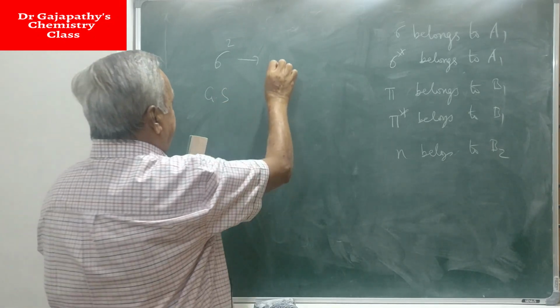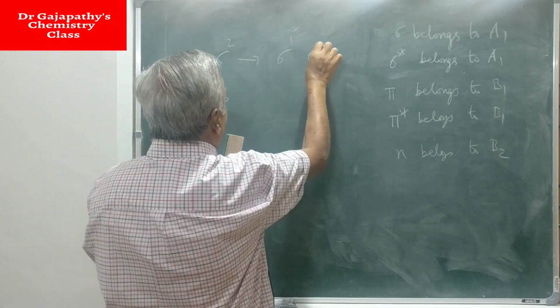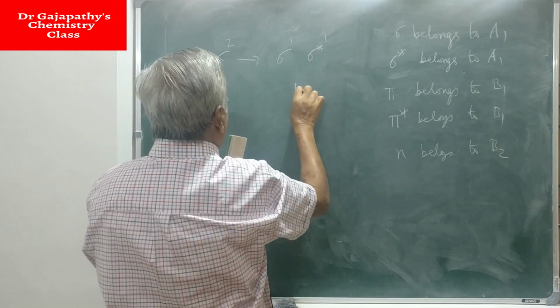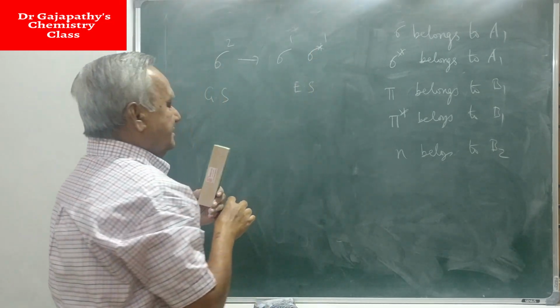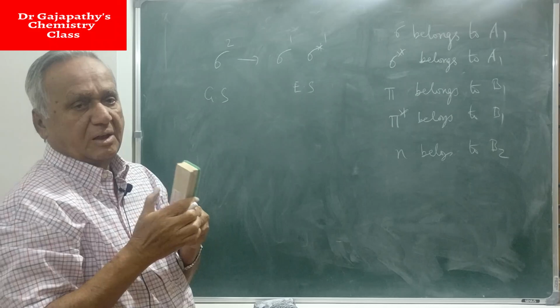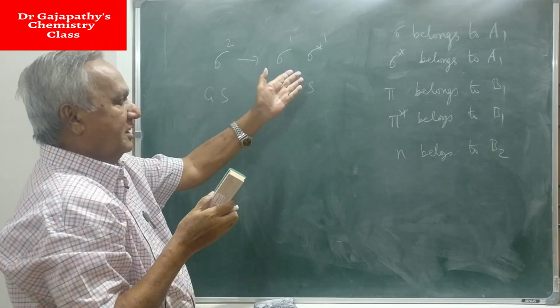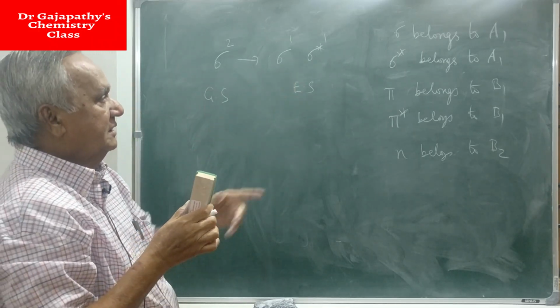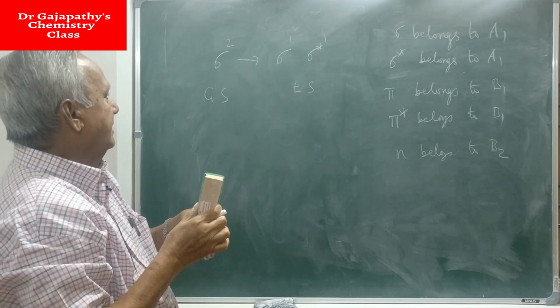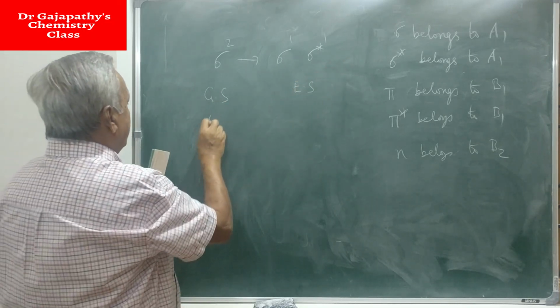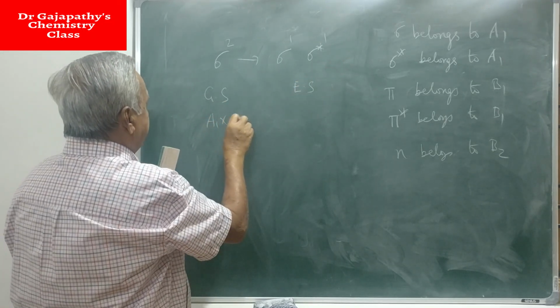The excited state is one electron in the sigma and one electron in the sigma star. What is the symmetry of this and what is the symmetry of this? Symmetry of sigma belongs to A1. There are two electrons, so it is A1 into A1. The ground state is A1.